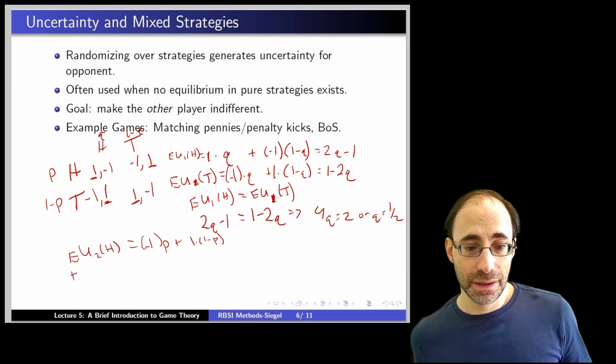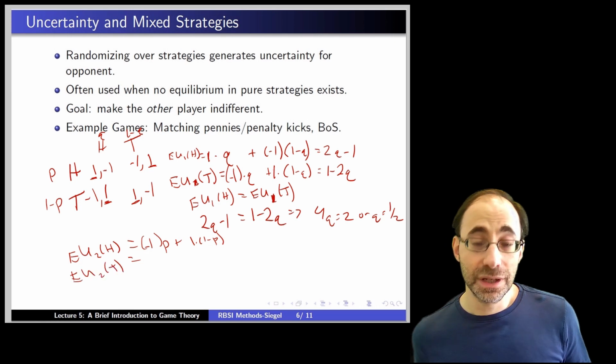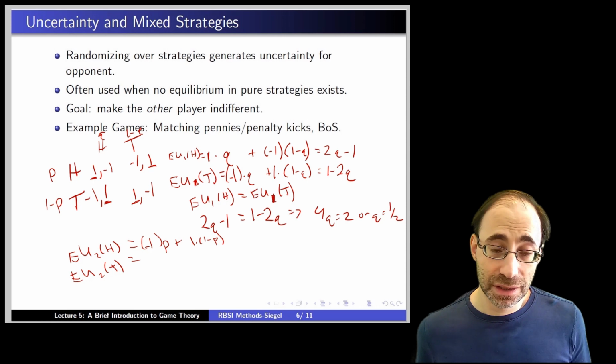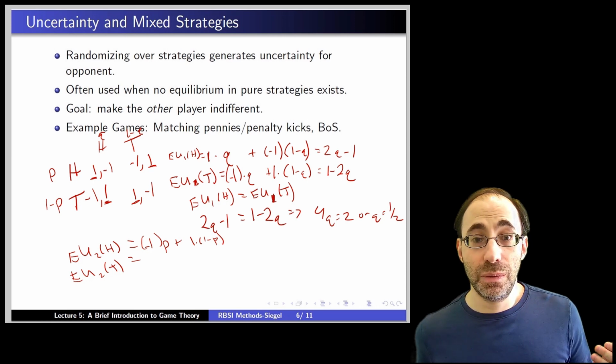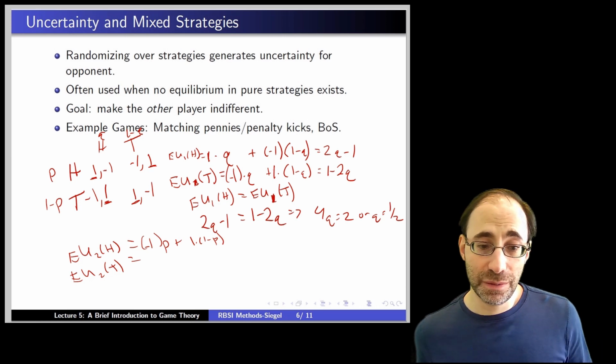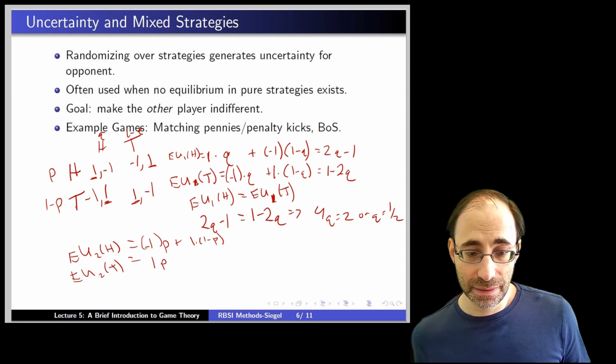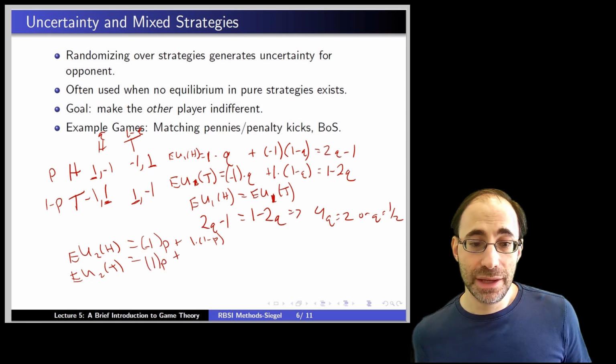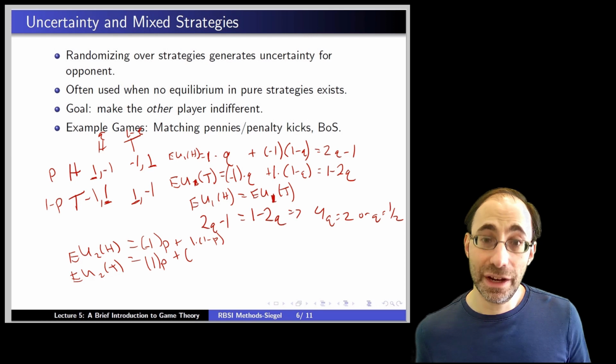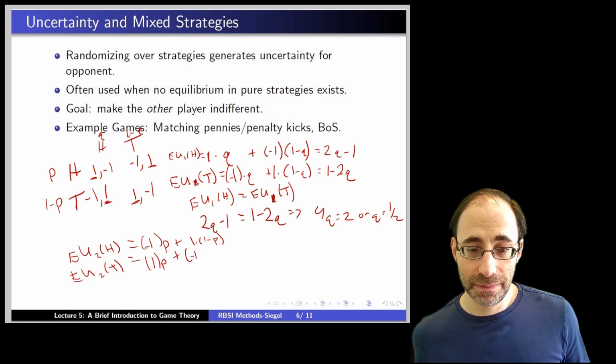Now we do the same thing for tails. When player 2 plays tails, player 2 gets a payoff of 1 with probability P, and gets negative 1 with probability 1 minus P.